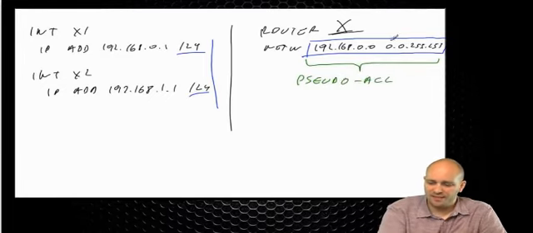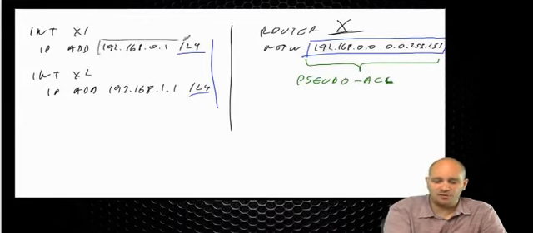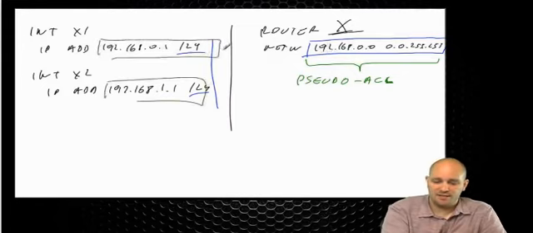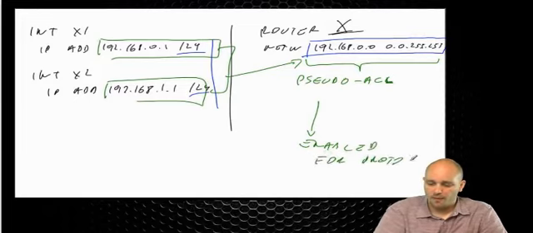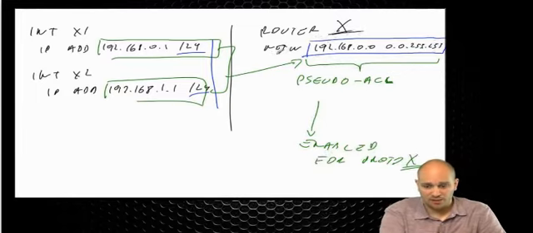So think of this statement here as if it was an access list. Now, all the interfaces that have an IP address that matches this access list here will actually be enabled for protocol X. So this statement here that comes after the network keyword is actually an access list.